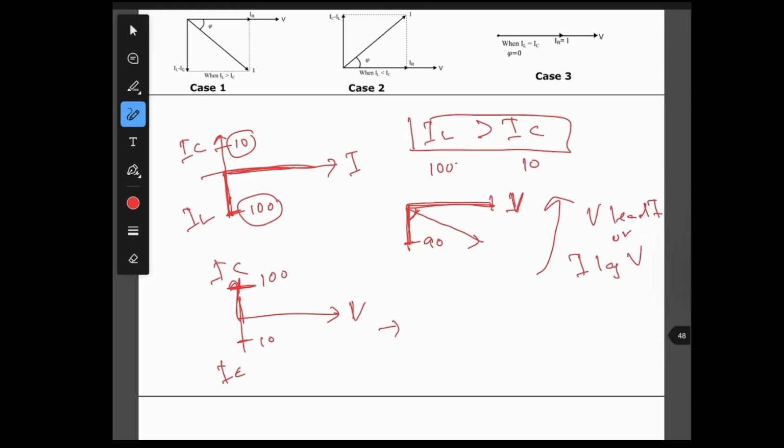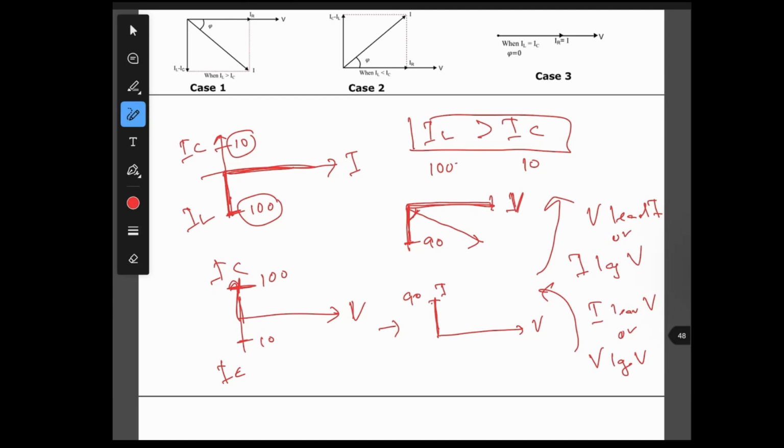So the graph will be like this, 90 degrees here. This is the V. Using counterclockwise rotation, I will be leading. I leads voltage, or V lags I.